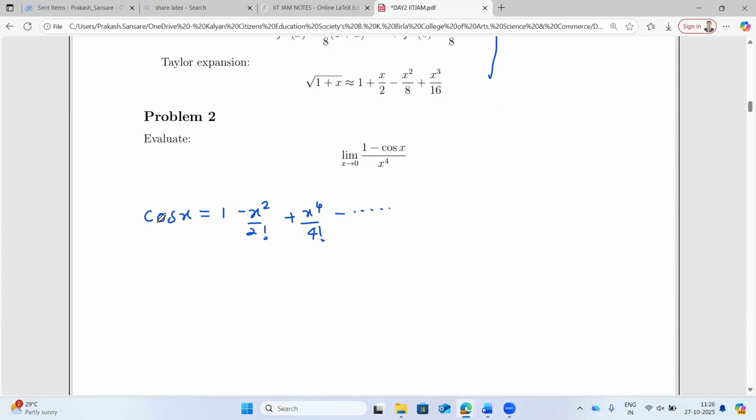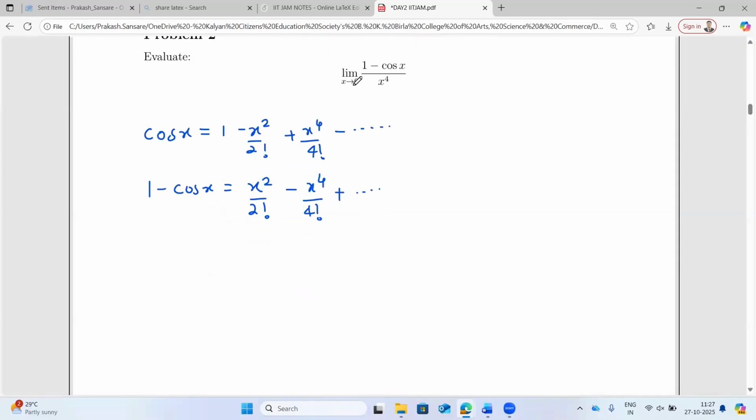If I take this 1 to this side, then it will be 1 minus cos x, so I also need to multiply by minus. So it will be x square by 2 factorial minus x raised to 4 upon 4 factorial plus dot dot.